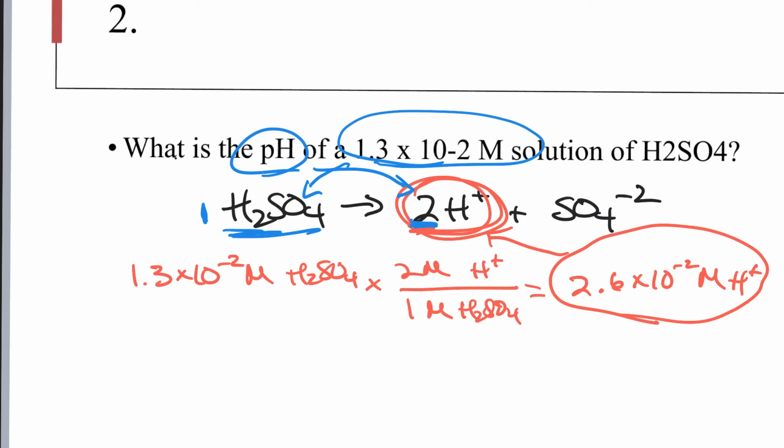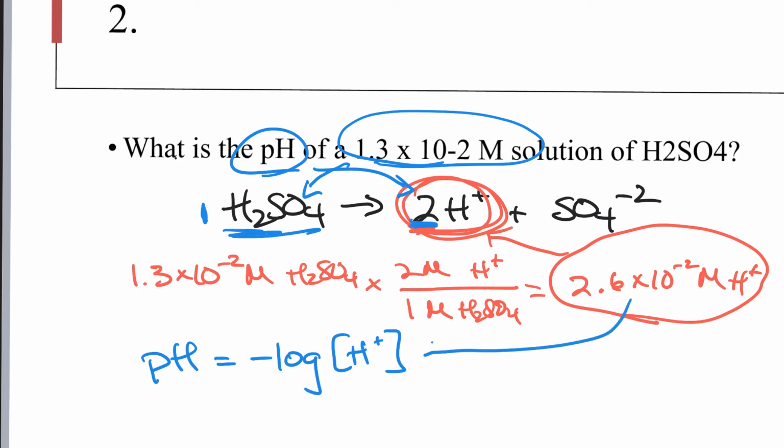All right. And so then kind of going back to what we talked about before, the pH is equal to the negative log of the concentration. So I'm just going to write H plus for this question, the concentration of H plus. Here is our concentration. So we'll just plug this into the calculator accordingly. So pH equals the negative log of 2.6 times 10 to the negative 2.